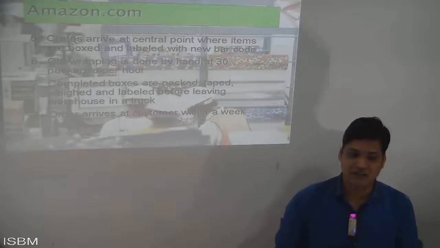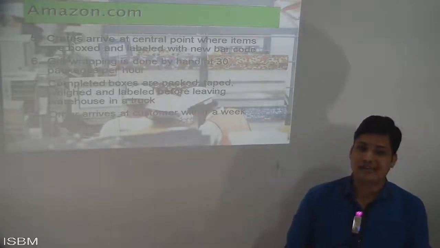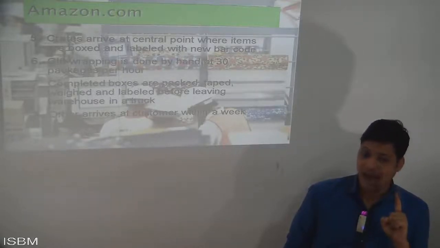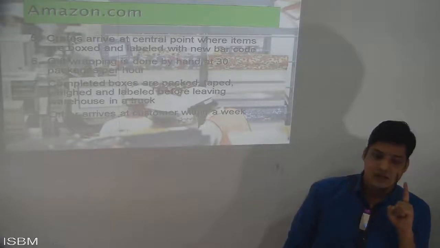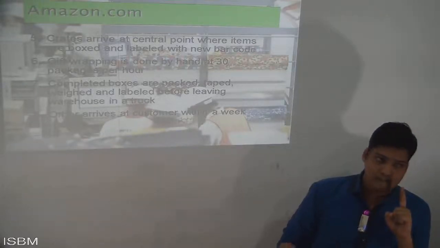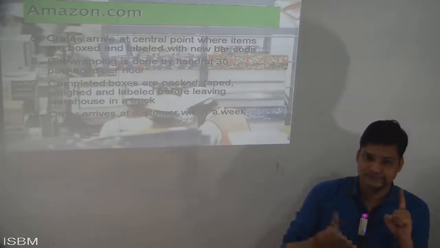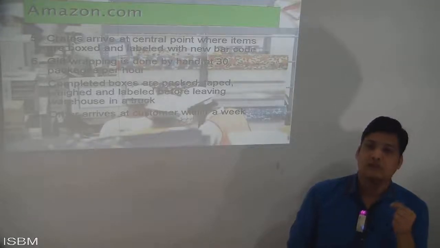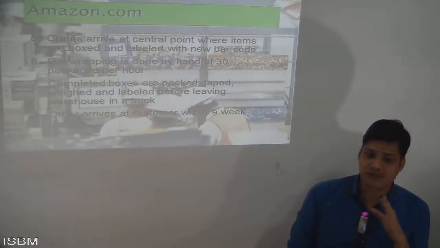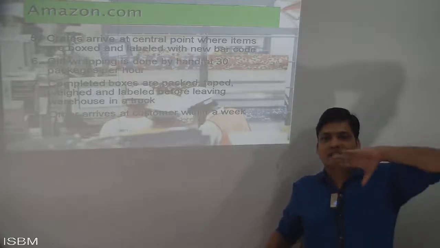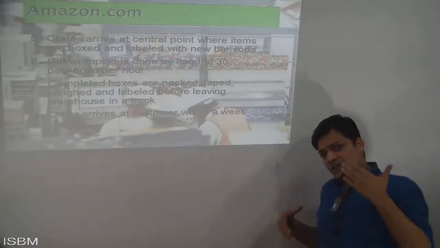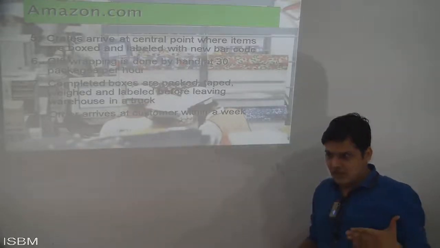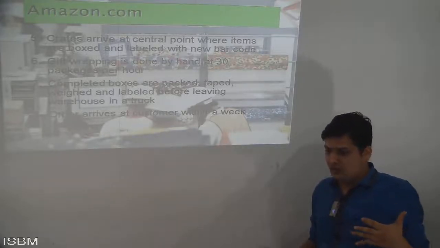Gift wrapping is done by hand at 30 packages per hour. So in an hour they are packaging 30 products, and in 24 hours, 24 times 30, that is 720 products. Initially the machine was not there; when the machine came, everything was done by the machine, because the order is very huge.